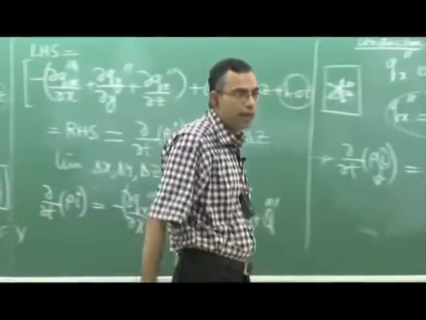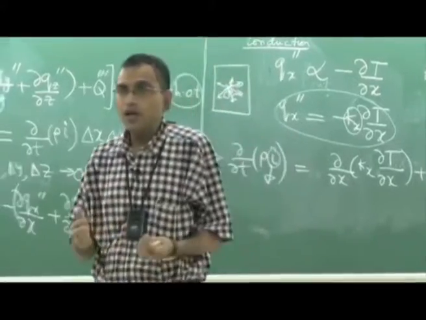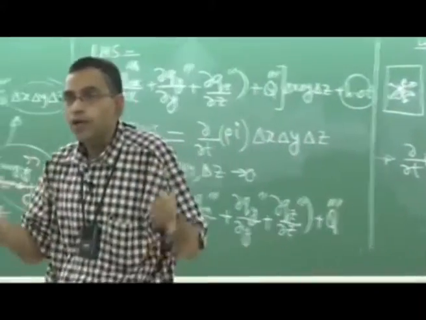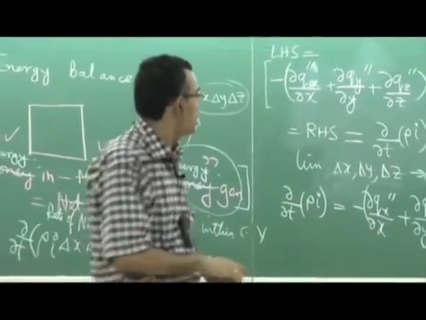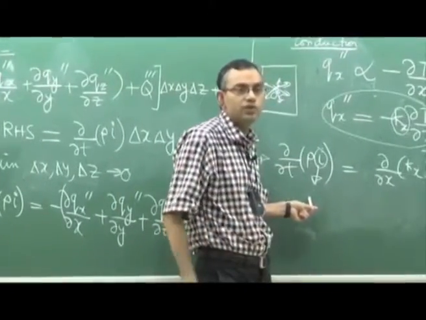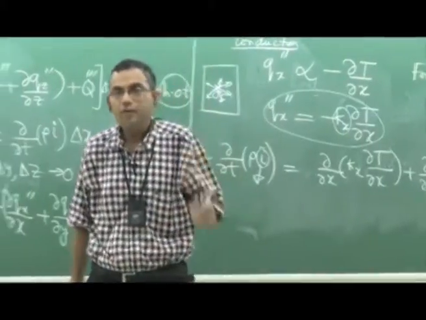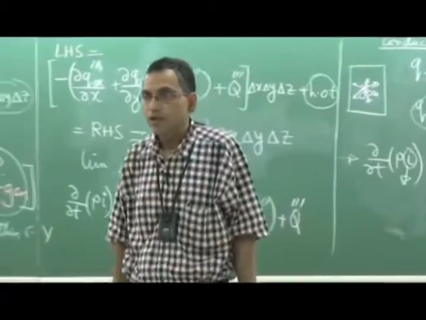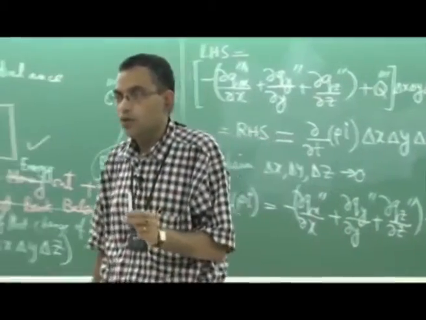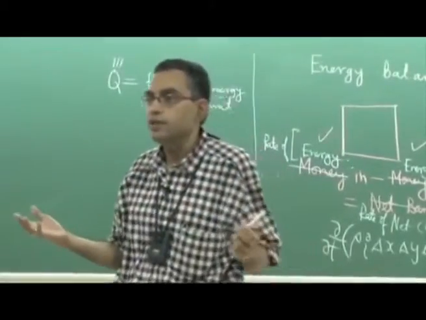What are the measurable parameters that you require? First of all, how many measurable parameters are required to express internal energy as a function of those parameters? It depends on the physical state of the system and what kind of system it is.